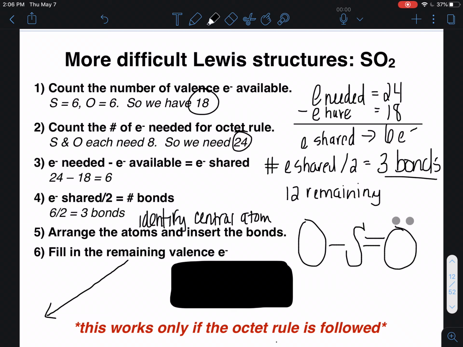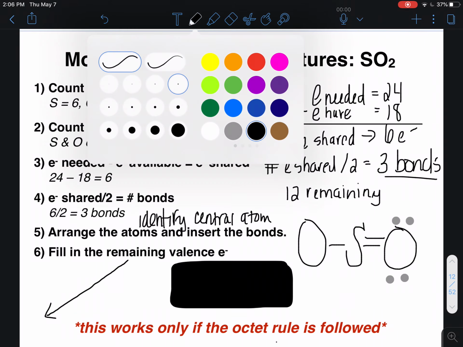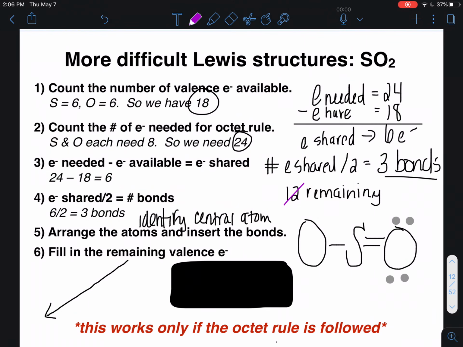This oxygen right here already has 2, so I add 1, 2, 3, 4, and now 5, 6, 7, 8. Since I just used 4... I mean 6, that gives me 8 remaining. Now I'm going to go over to this guy over here. As of right now, it only has 2 electrons associated with it, so I need to give it 6 more.